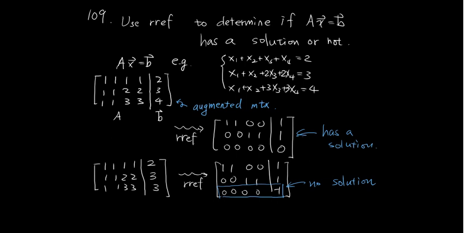So the reduced row echelon form helps you to understand whether a system of linear equations has a solution or not. The criterion is the following. After you do the row echelon form, if you see a 0 row on the left, then the right-hand side has to be 0.